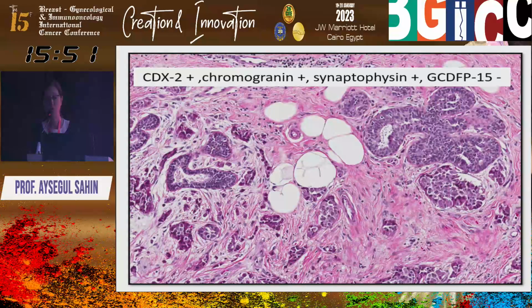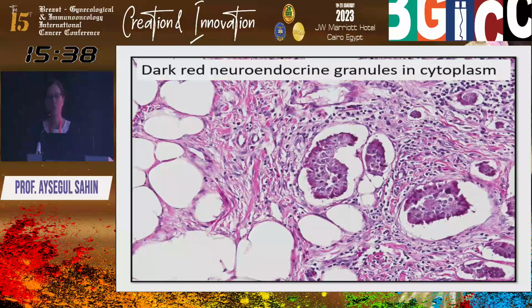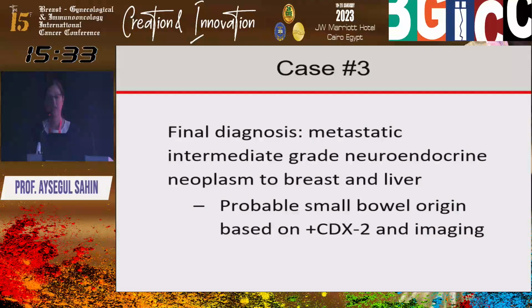So we went back to the breast lesion, and it had the same immunophenotype. So initially, we thought this was an invasive ductal carcinoma, but actually it was a metastatic neuroendocrine tumor. And based on the clinical features, we said it is probably of small bowel origin, based on the CDX2 positivity and imaging findings.